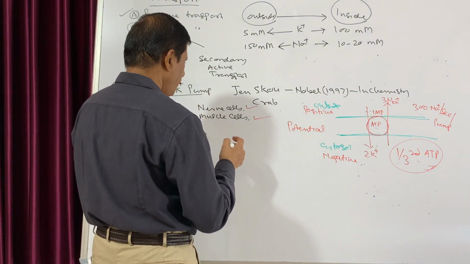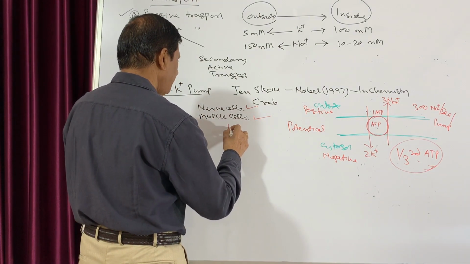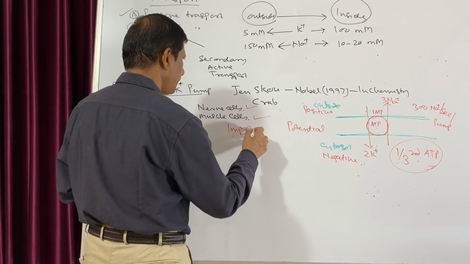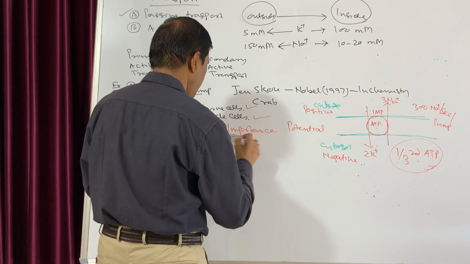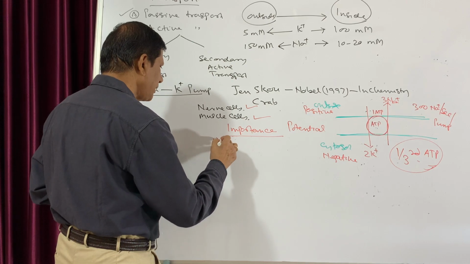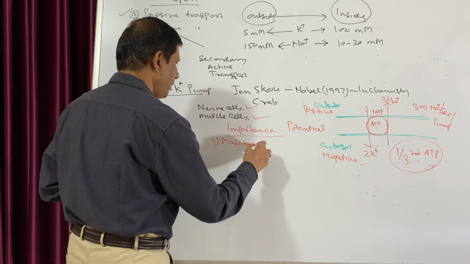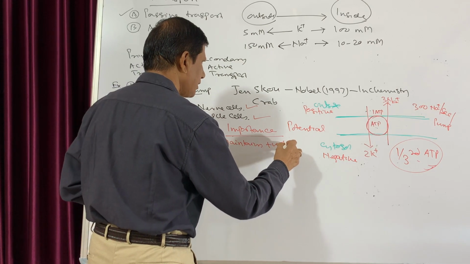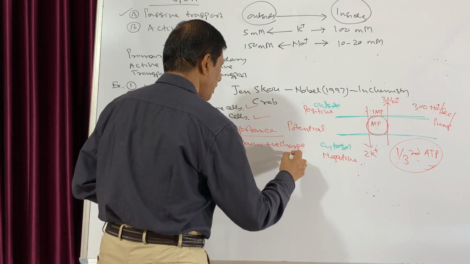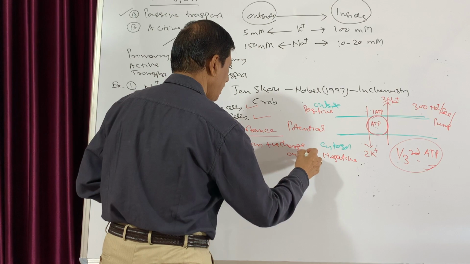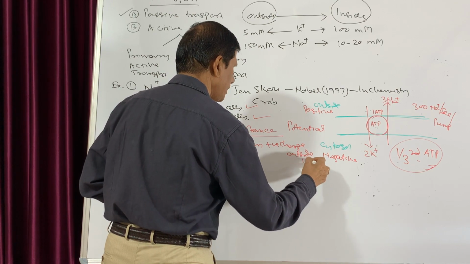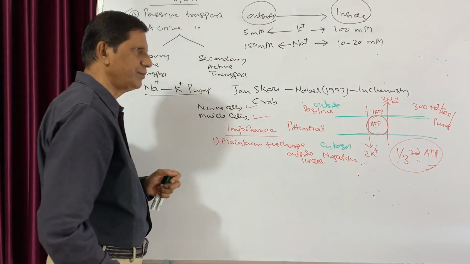Number one, you will write here. Let me write it here. Importance. The first importance: it maintains positive charge outside the cell. This is a very important point.